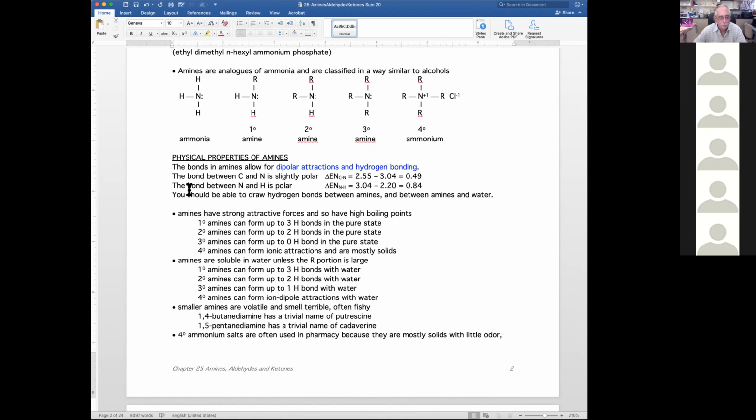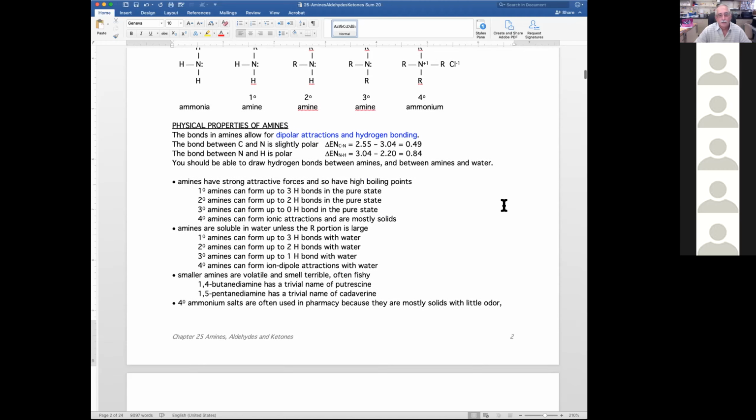So the physical properties of amines: the bonds in amines allow for dipolar attraction and hydrogen bonding. The bond between carbon and nitrogen is slightly polar. The bond between nitrogen and hydrogen is extremely polar. And you should be able to, again, draw hydrogen bonds between amines and between amines and water.